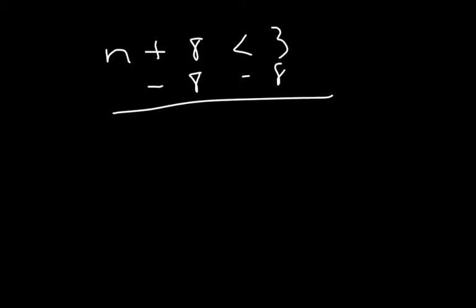Suppose it would be the number plus 8 is less than 3. If we wanted to solve this one, we have to undo adding 8, so we subtract 8. I think I'll write it a different way.